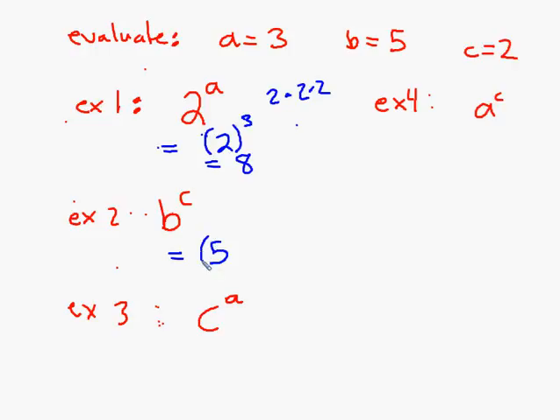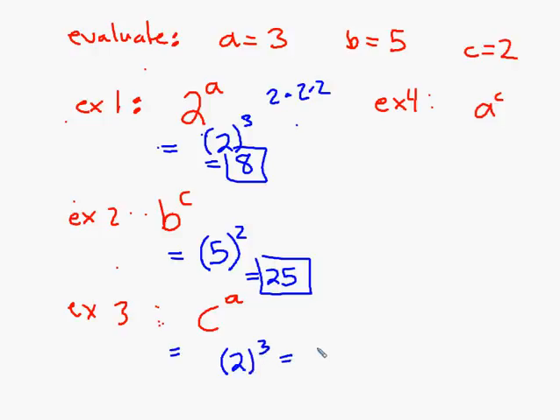So we replace B with 5 and C with 2. So it's 5 squared, which is 25. Any questions so far? No. The next one. C is 2, A is 3, so we've already had that, that's 8.